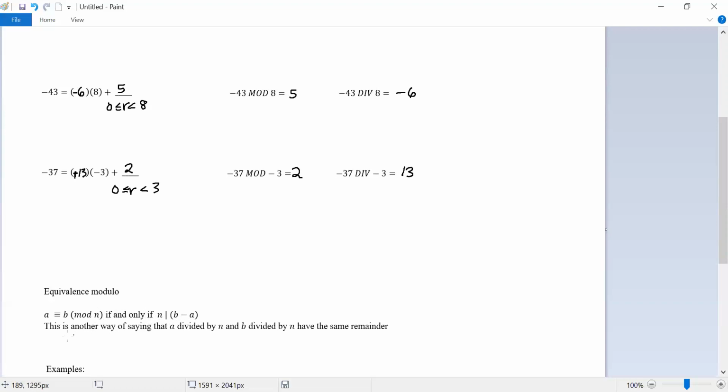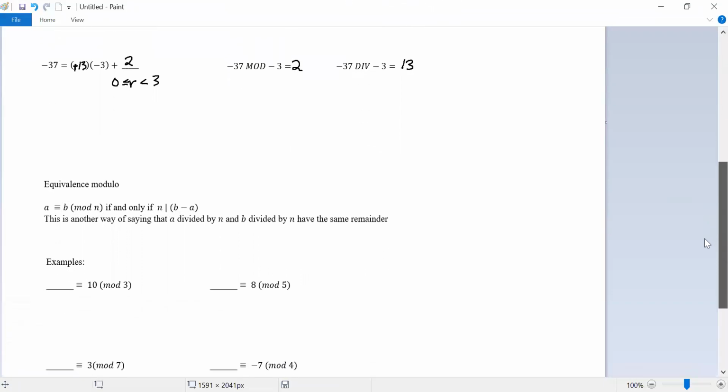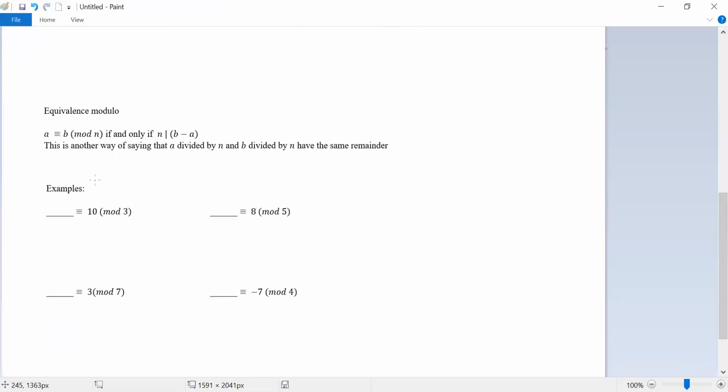Another way of saying it, more intuitive, is that A divided by N and B divided by N have the same remainder. So again, what we're saying is that A and B are equivalent somehow. How are they alike? They're alike in that if you divide them by N, you get the same remainder.